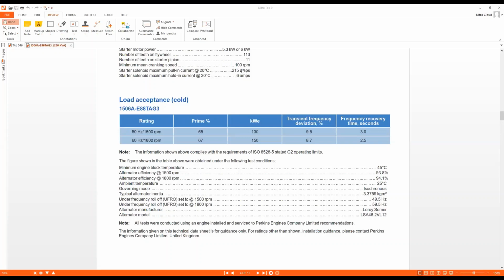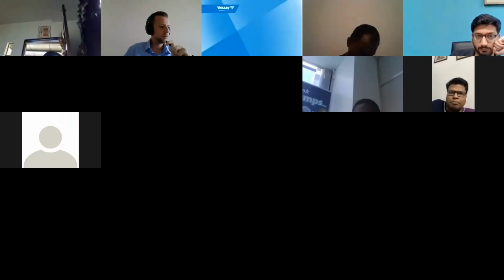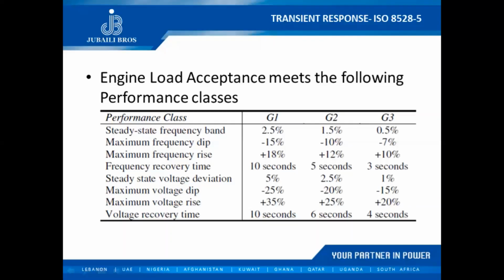So let me go back to the question: is step load calculated including the starting current, or for example, 65% of the rated load without considering the starting current? Definitely the starting current is considered.